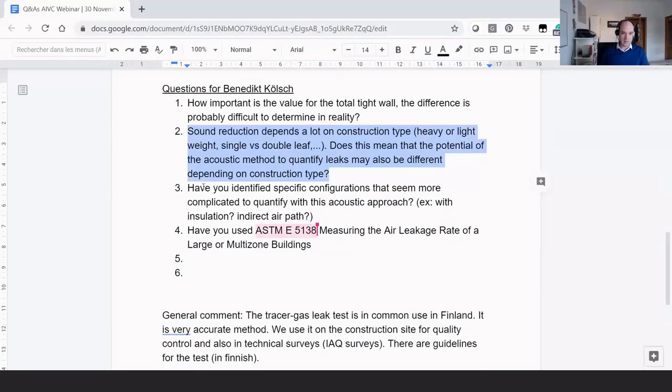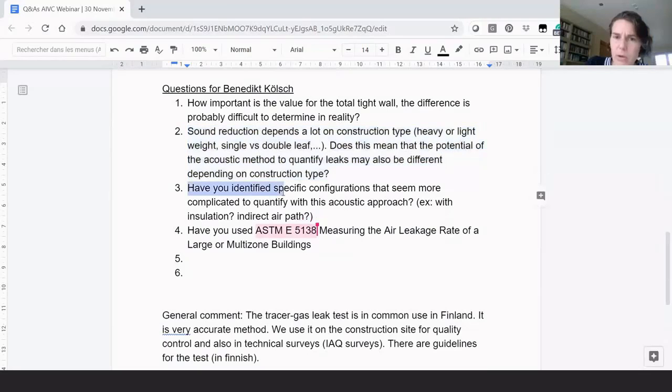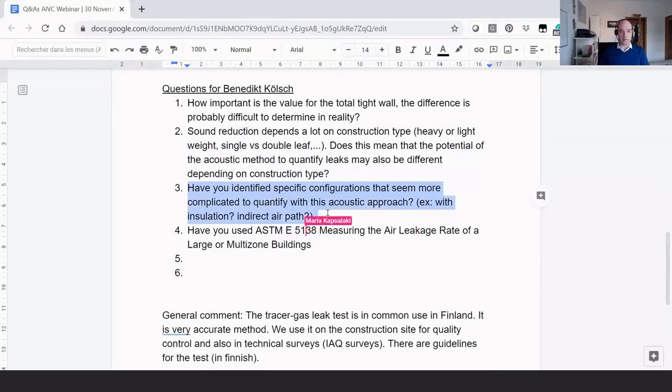With all the configurations that you have tested, have you seen some that are more complicated to quantify with the acoustic approach, that are less correlated? As I already told you, indirect air paths are more complex, and the very small leaks are the two configurations which are less reliable.